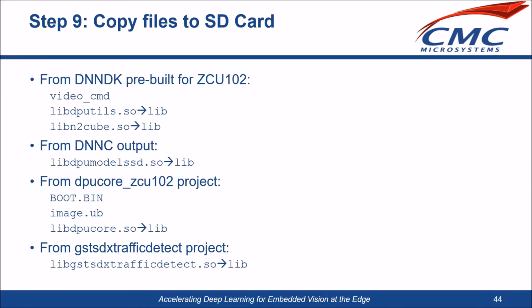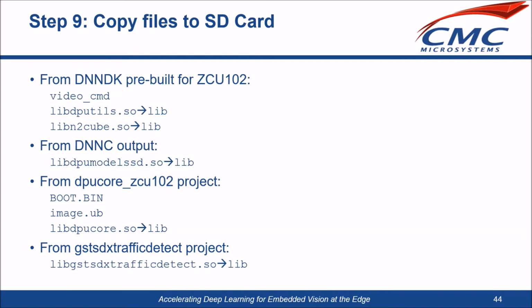So the next step is to copy the files that have been generated to an SD card. Some of the files are pre-built from Xilinx for the ZCU102 board. These include some utilities for the DPU processor. From the DNNC network quantization and compilation step, you copy the .so file that was generated there.